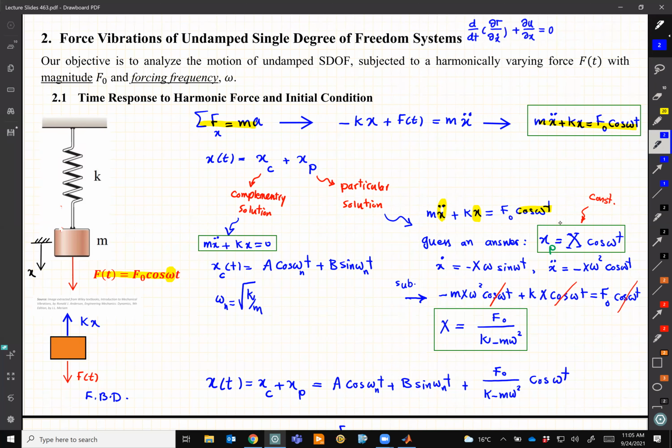We find T, we find U, and we take the derivative with respect to x dot and x. If we have an external load, this is not going to be 0. It will be the force in the direction of x, which in this scenario is simply f(t), or F0 cosine omega t. In the Lagrange equation, it will be shown by Q.